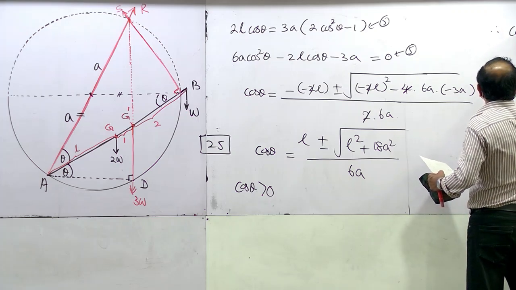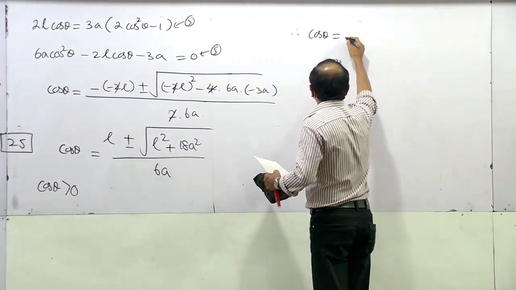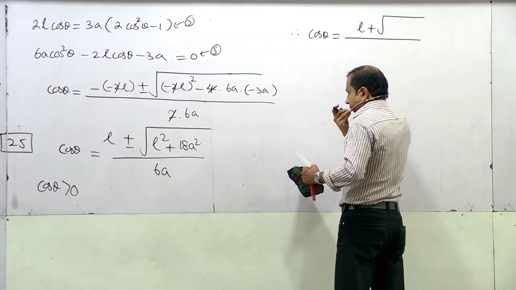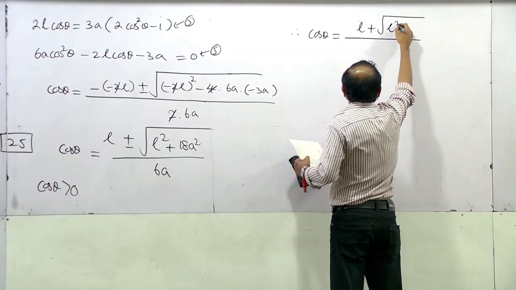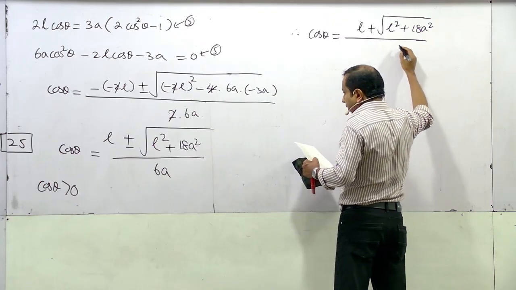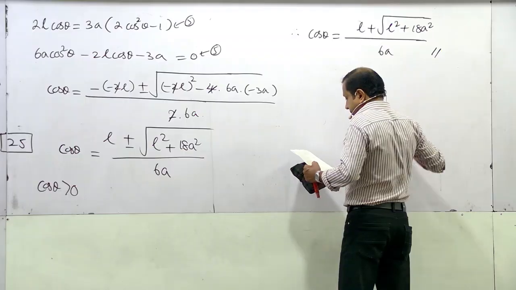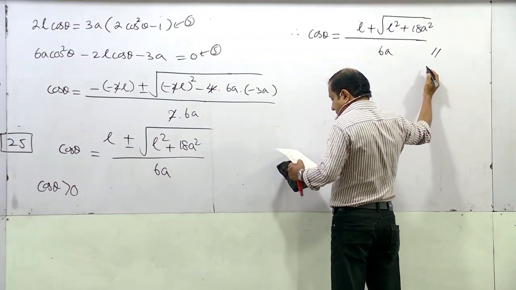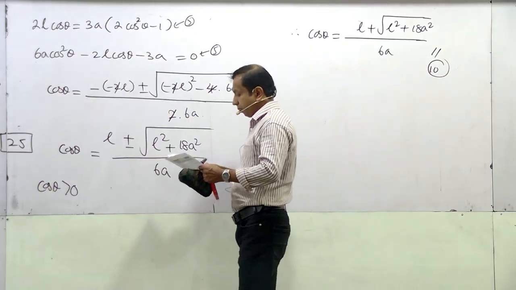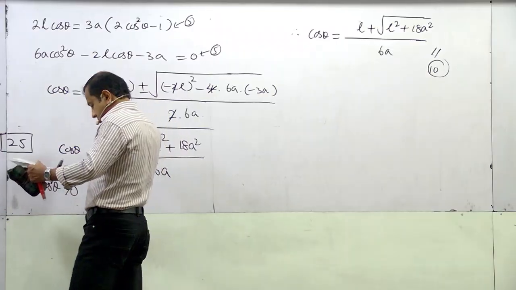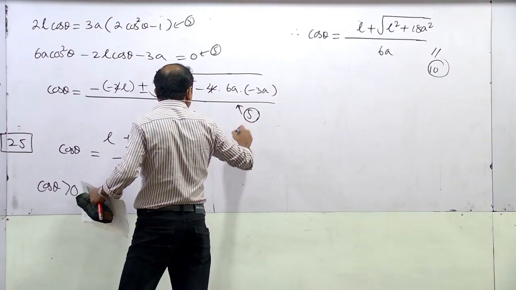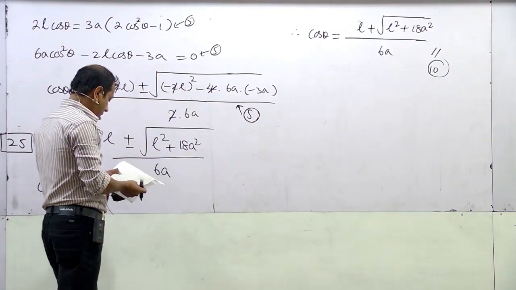Therefore, cos theta equals L plus square root of L squared plus 18A squared, divided by 6A. For this 10 marks coming, and using this quadratic formula, another 5 marks. Right.